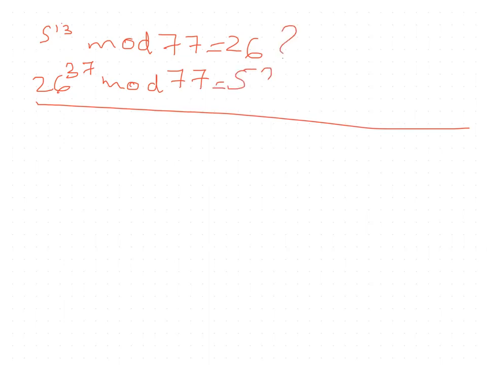I'll do a similar example with a smaller value, and you can use the same technique to solve these two questions. So I'm taking a smaller example: 88 to the power 7 mod 187.